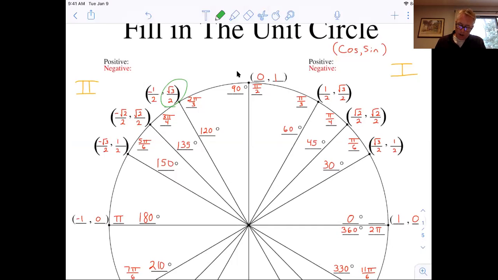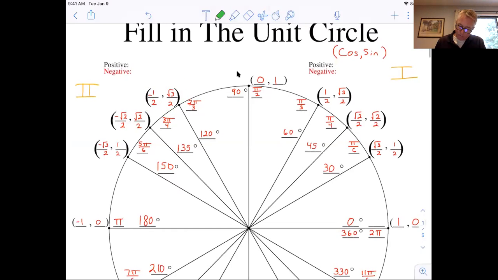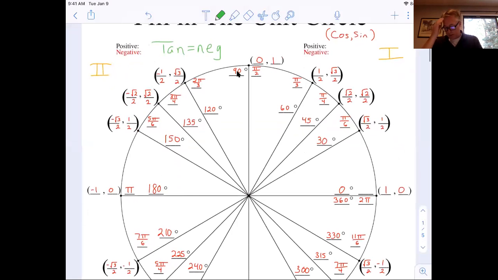And if you take a positive divided by a negative, you get a negative. Therefore, the tangent in the second quadrant is always going to be negative, because the sine will always be positive and the cosine will always be negative.